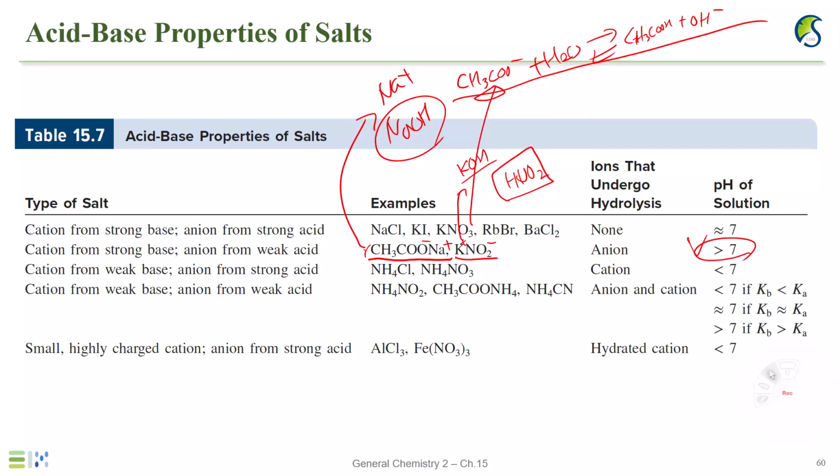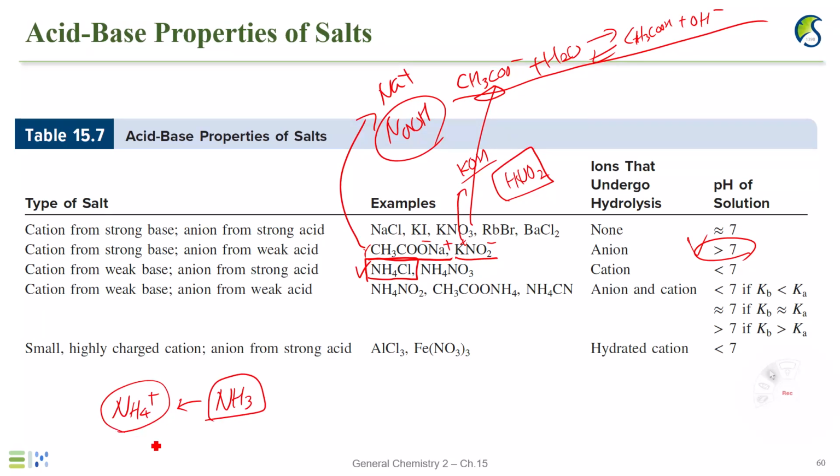And you can do the same thing for these. For example, let's take an example of this NH4 plus. NH4 plus is the conjugate acid of a weak base, NH3, right?